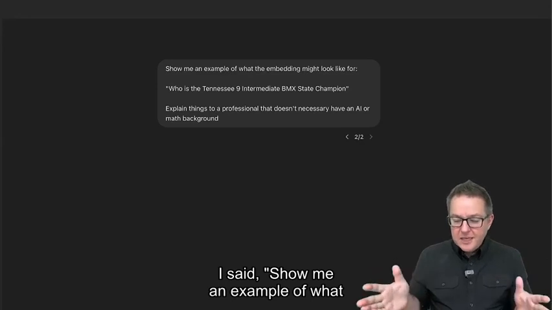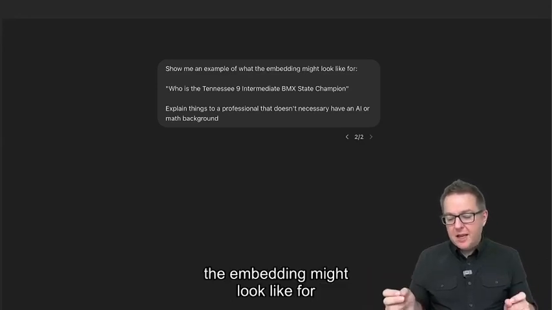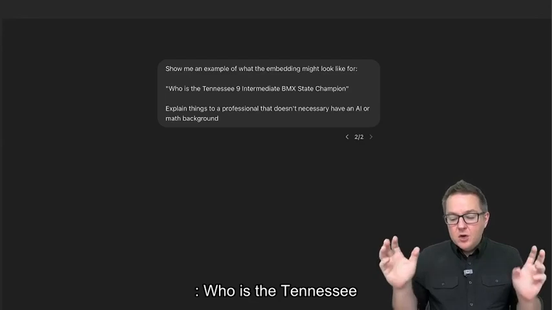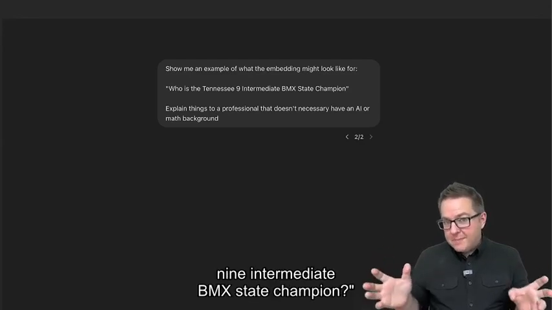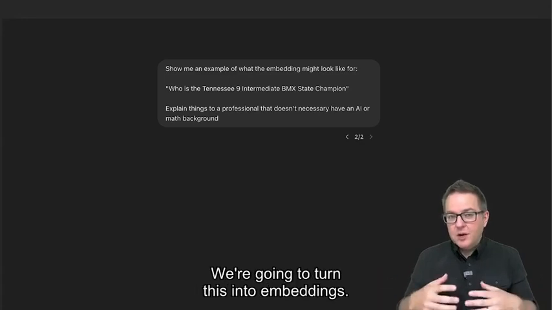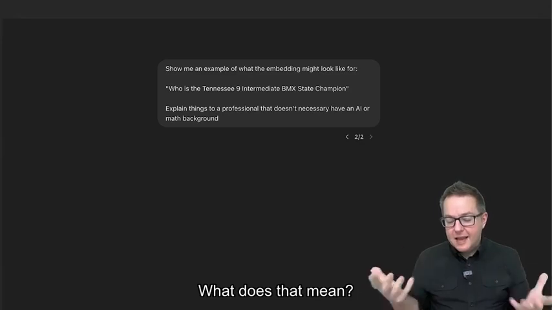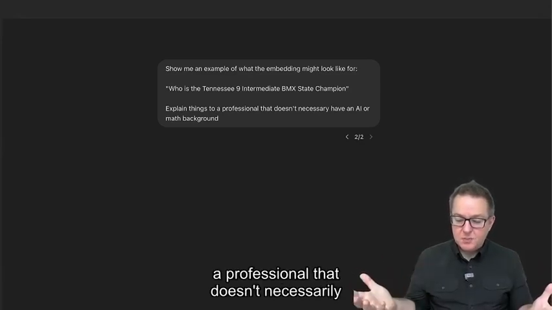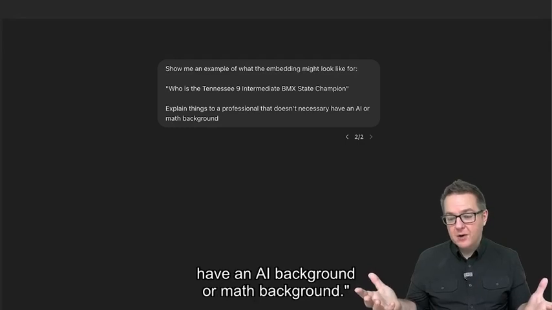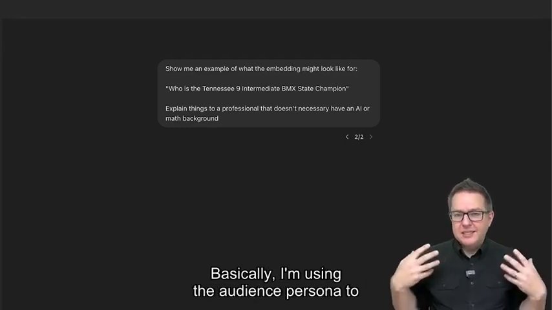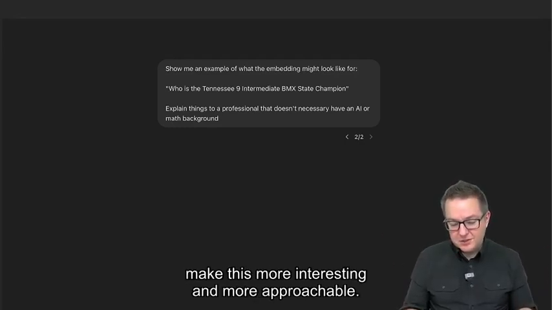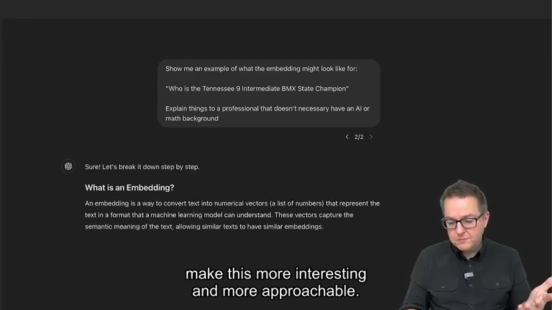So I said, show me an example of what the embedding might look like for who is the Tennessee 9 Intermediate BMX state champion. So we're going to turn this into embeddings. What does that mean? And I say, explain things to a professional that doesn't necessarily have an AI background or a math background. So basically I'm using the audience persona to make this more interesting and more approachable.